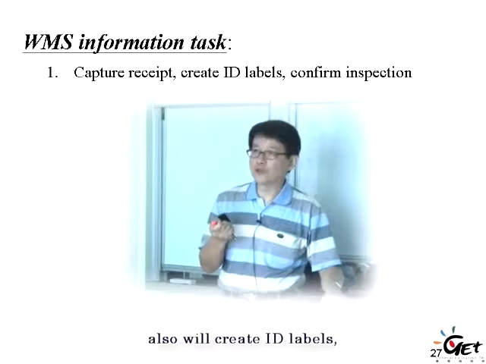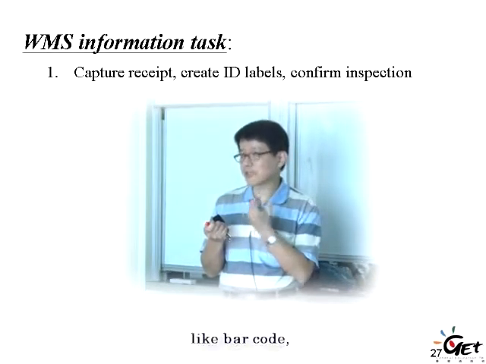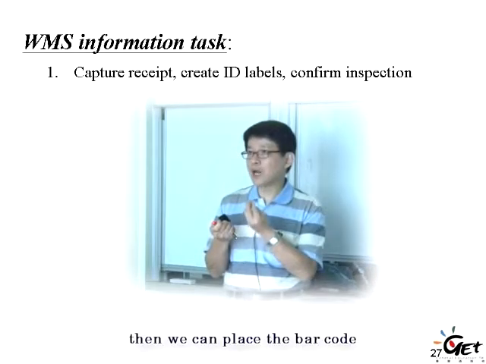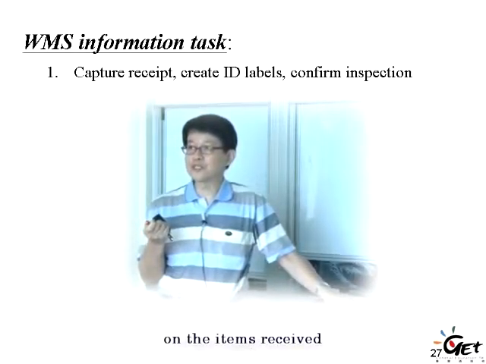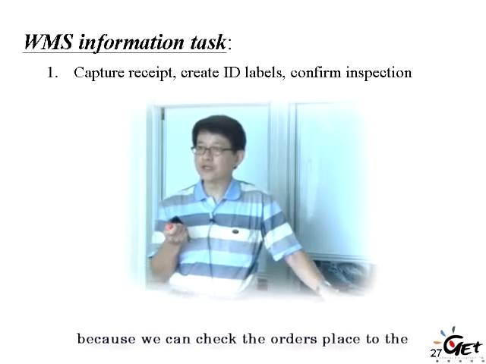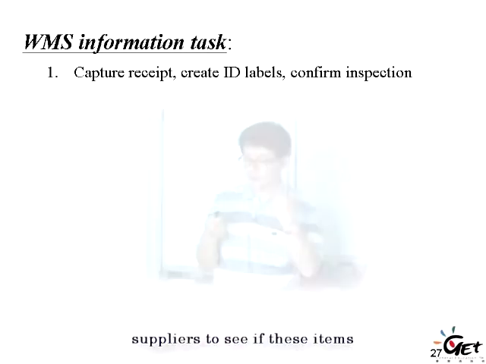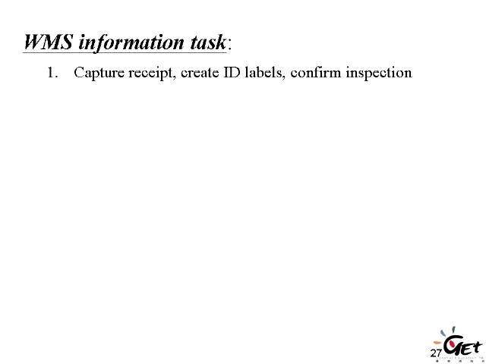It can also create ID labels like barcodes and place them on the items received. It can also confirm the inspection, because we can check the orders placed with the suppliers, see if these items conform, and then determine whether or not to accept them.